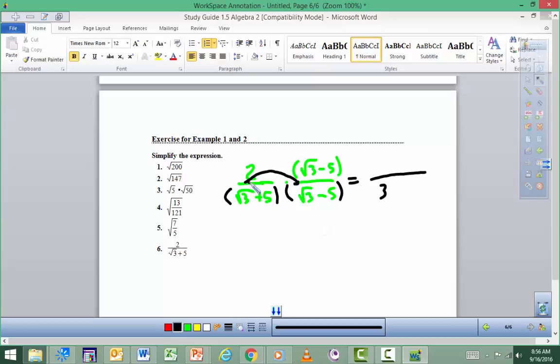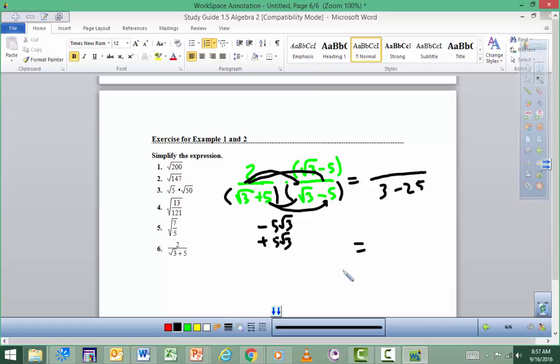When you do this one, you get minus 5 square root 3, and when you multiply this one, you get plus 5 square root 3. Those are opposite in sign, so they just drop out. And then you have 5 times a minus 5, that's minus 25.